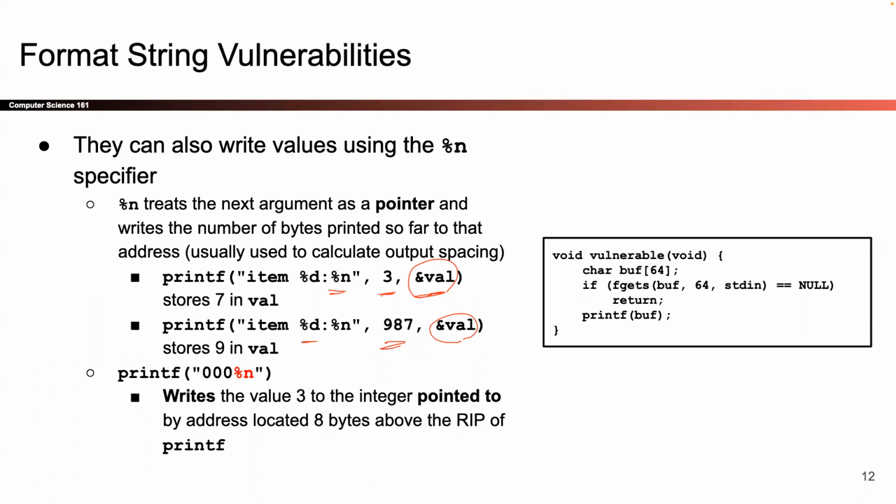I'm going to read it like an address and go to that address. If I go to that address, what do I find? Val. If I go to the address of val, what do I expect to find? Val. And I write the number of bytes printed so far. So just like before, I can count: ITEM space 987 colon, 9 things. So I write the number 9 into val this time.